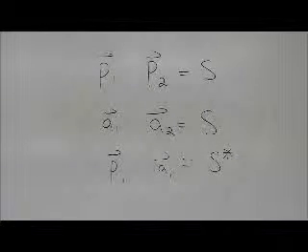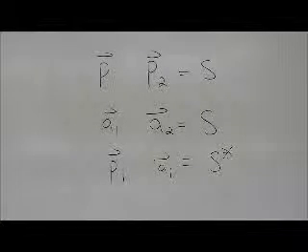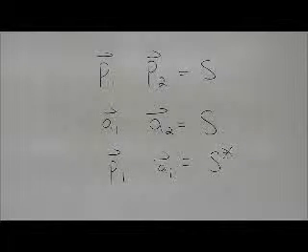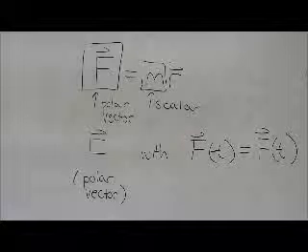And they can also be generated by the following properties. When you take the dot product of two polar vectors, you get a scalar. When you take the dot product of two axial vectors, you get a scalar. And when you take the dot product of a polar vector and an axial vector, you get an axial scalar.